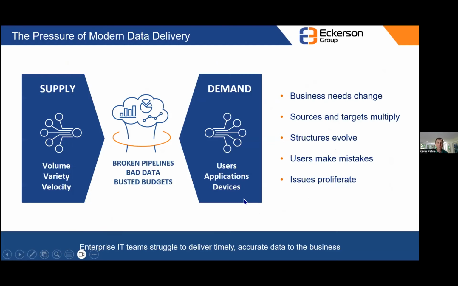So let's get started. If we want to frame this discussion, the pressure of modern data delivery is significant.